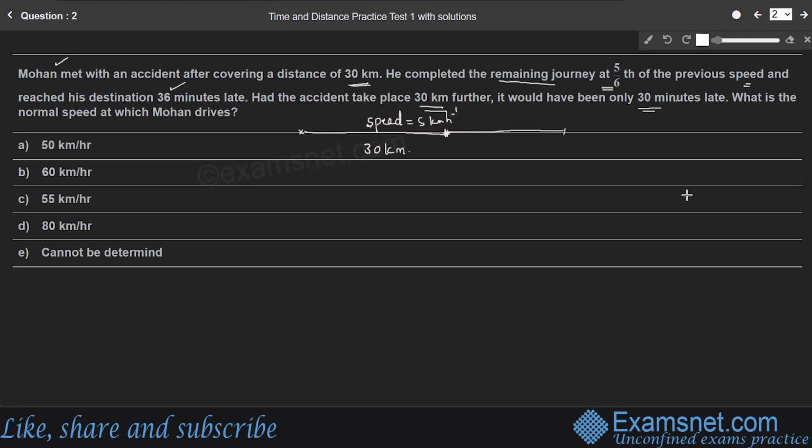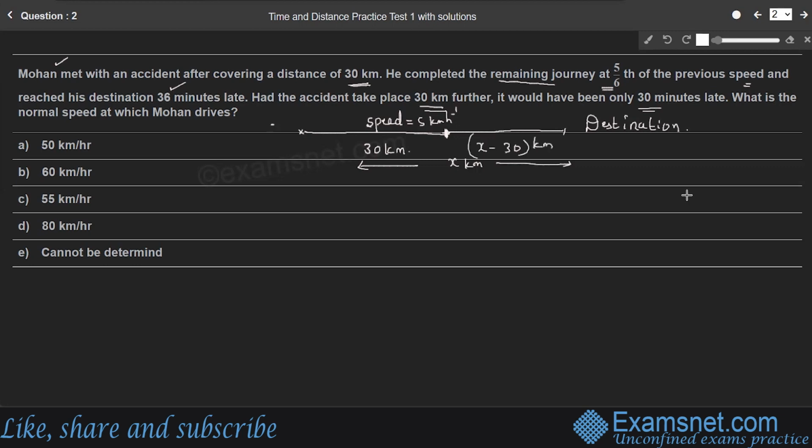Let x kilometer be the total distance from his starting point to the destination. So the remaining part of his journey becomes x minus 30 kilometer.